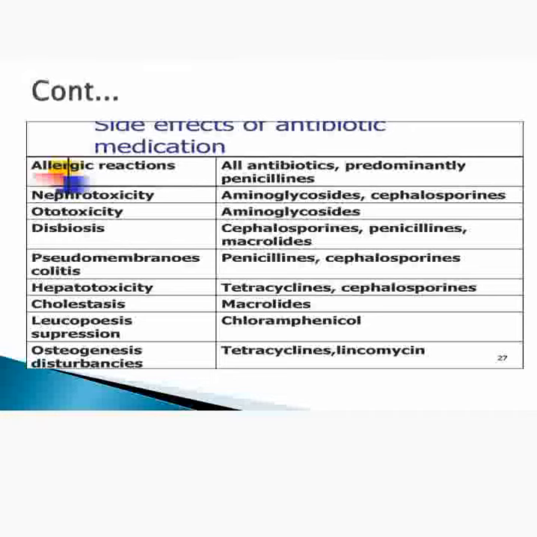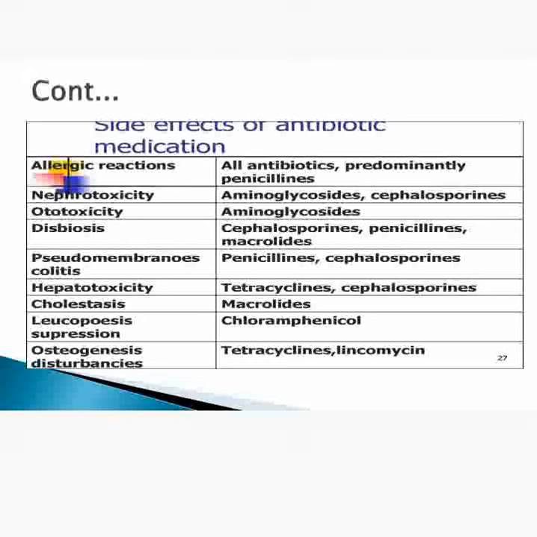Cephalosporins, penicillins, and macrolides may cause dysbiosis, which means the GIT microflora is disturbed. Penicillins and cephalosporins may cause pseudomembranous colitis. The tetracyclines and cephalosporins may be hepatotoxic, which means toxicity of the liver.